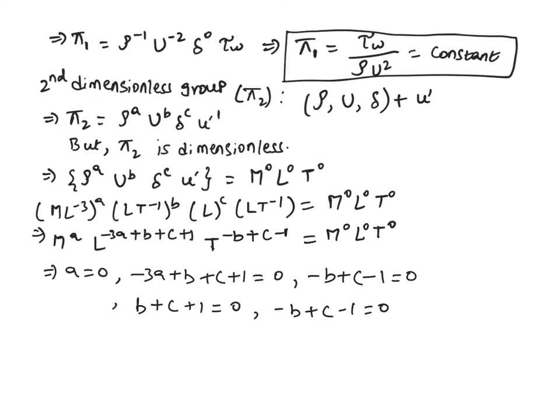Oh sorry, I made a mistake over here. This should be T to the power of, there is no C over here, because you don't see a C part in T, so that would be just minus b minus 1, and this again we have to change over here.